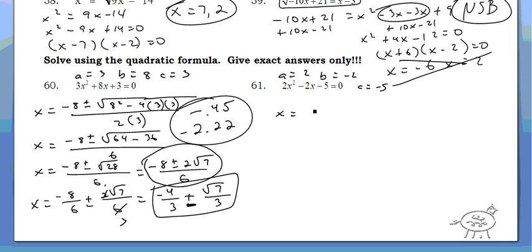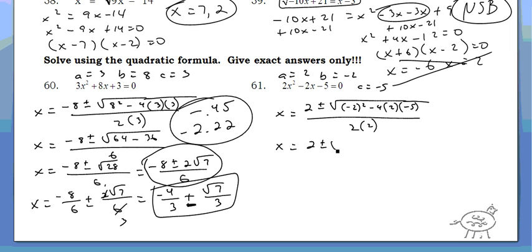So x equals opposite of B, plus or minus the square root of B squared minus 4 times A times C, all over 2 times A. So it's 2 plus or minus the square root of 4. And that gives, guys, just be careful with signs. It's negative 4 times 2 is negative 8 times negative 5 is positive 40. Okay, don't mess up the signs.